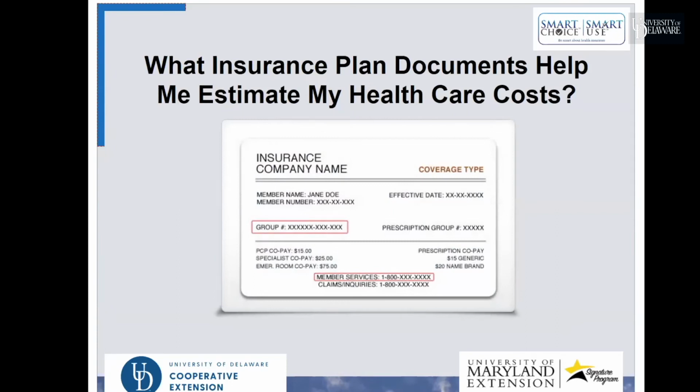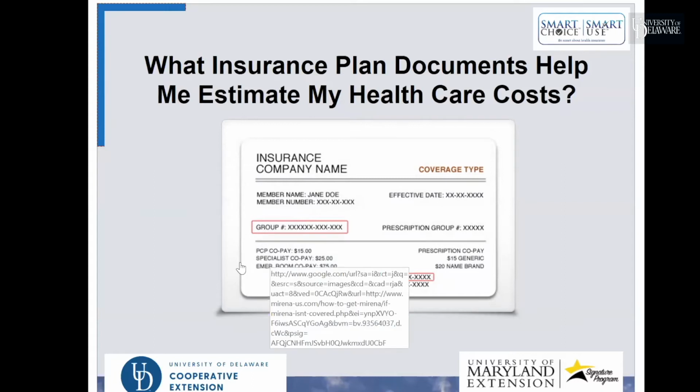The first document would be your health insurance card. You can see on your health insurance card, a lot of times there's an area where it talks about what your copays would be. You can see that there on the screen.